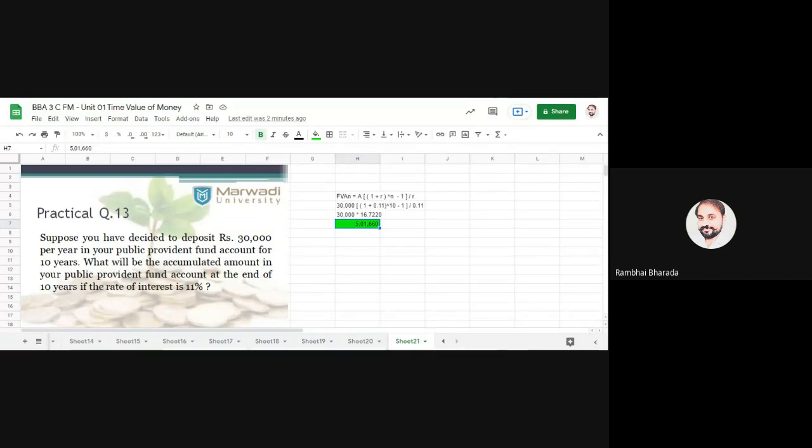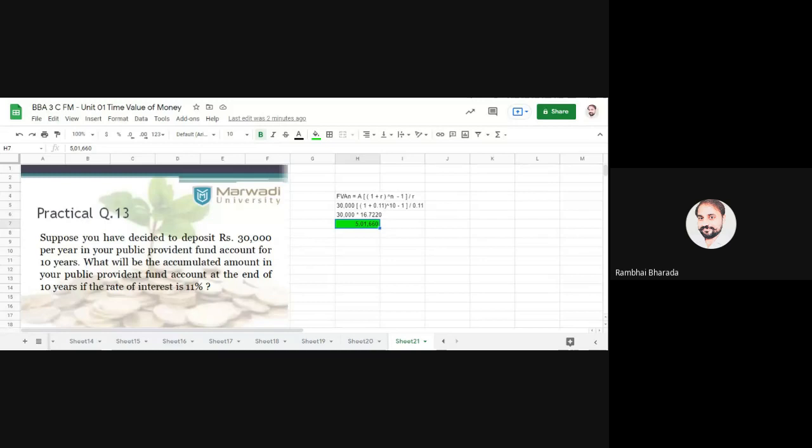Okay, I hope this type of question is clear. Now moving on to the next one, which is similar to this one. In this, we were finding the future value of an annuity.